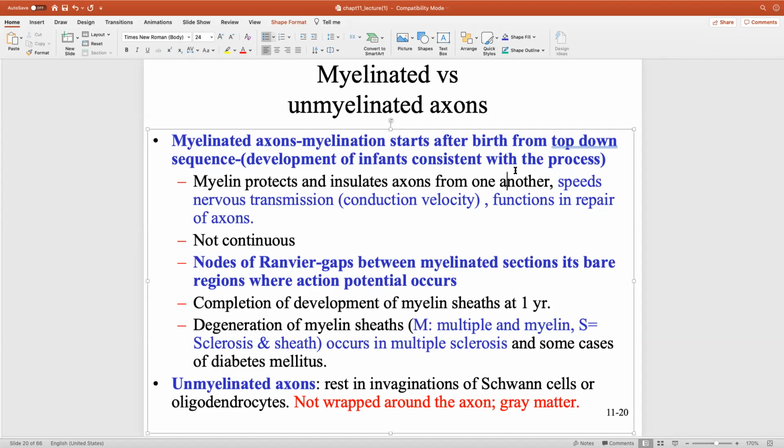Usually pediatricians aren't worried if you don't walk within 16 months, within a year. As long as we hit the milestones from that top-down fashion, then we know development is occurring. And everybody's going to develop at their own pace.